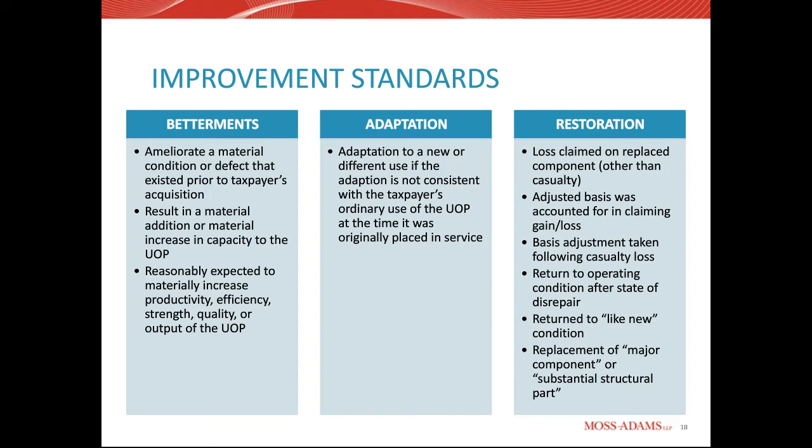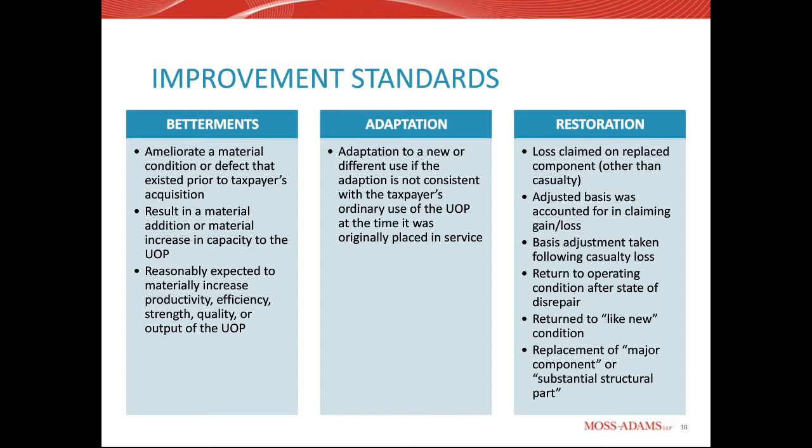Yeah, so we've seen a lot of work related to the tangible property regulations over the last year or two. Typically what we see runs the gamut, but a good example would be a taxpayer owns a building and they tear off the roof or replace it with a new roof, taking all the plywood off, all the shingles off, down to the rafters, if you will, and put a new roof on.